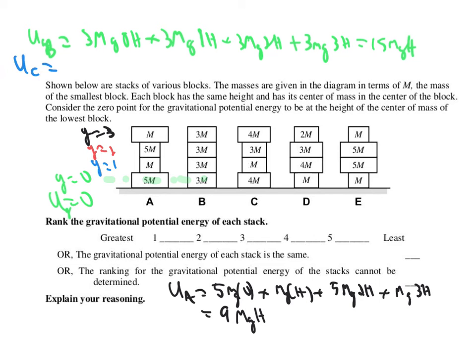For C, we have 4mg times 0h, plus m times g times 1h, plus 3 times mg times 2h, plus 4m times g times 3h. And that's going to be 1 plus 6 is 7, plus 12 is 19 mgh.